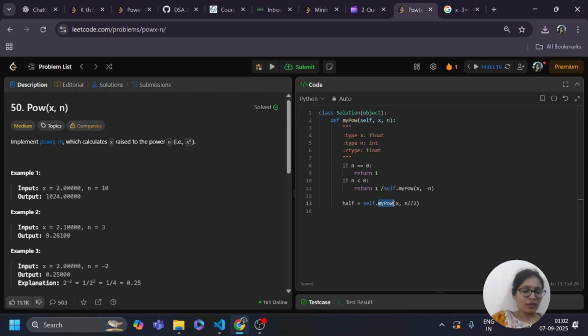Okay, so after that, if n divided by 2 gives a remainder 0, then it returns half into half.